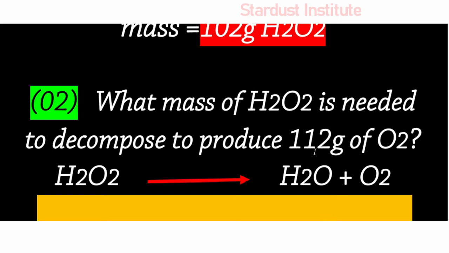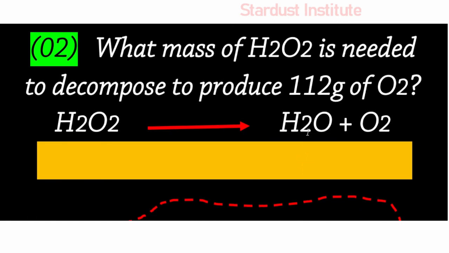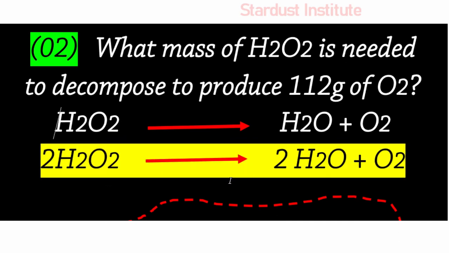We need to convert this 112 grams of oxygen to moles of oxygen. Then it is easy for us to solve the problem. This is the chemical equation. On the left hand side H2O2, on the right hand side H2O plus O2. But this chemical equation is not balanced. First of all, we need to balance the chemical equation.